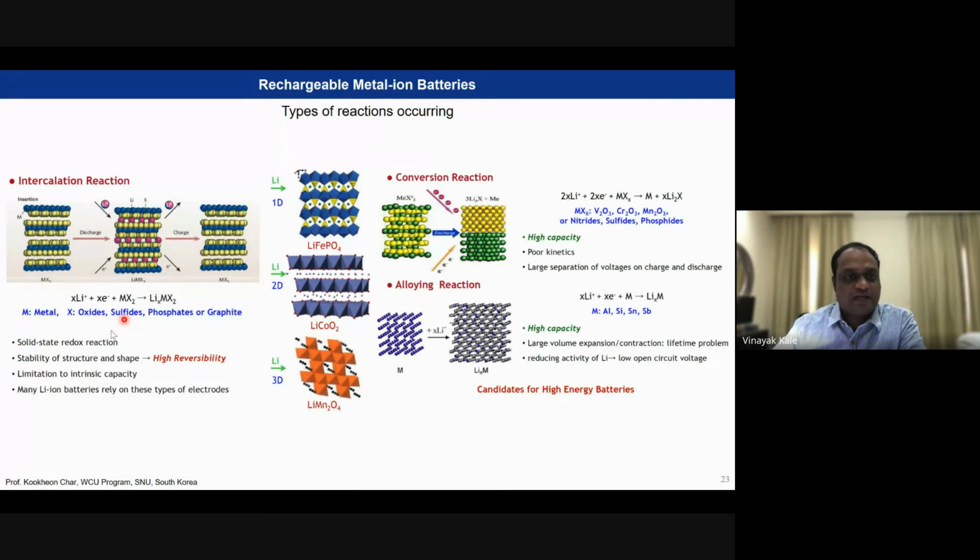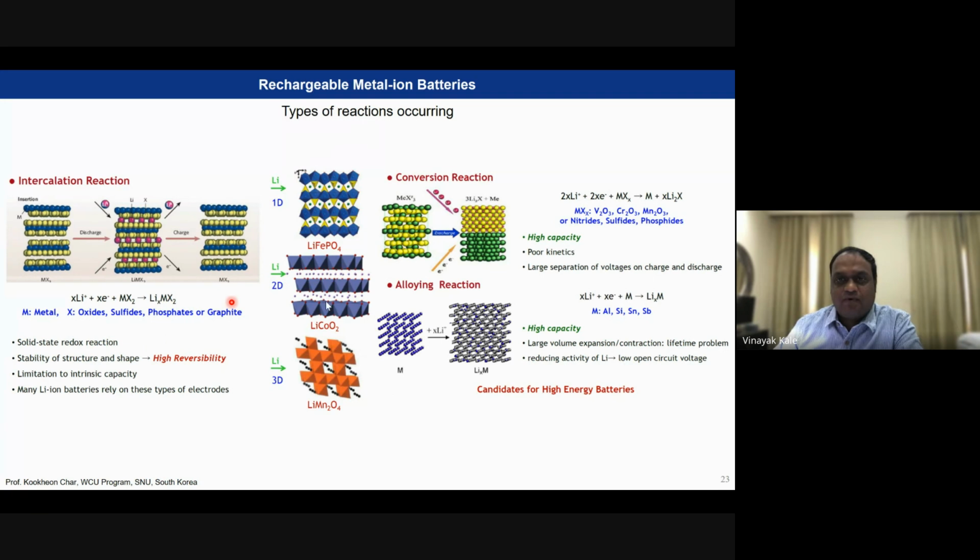In this intercalation reaction, a solid state redox reaction happens, and the stability of the structure and shape depends on it, but it has a limitation in its intrinsic capacity. Intrinsic capacity is a property of the material, and we cannot increase it beyond a certain point. So many lithium batteries rely on this type of electrode.